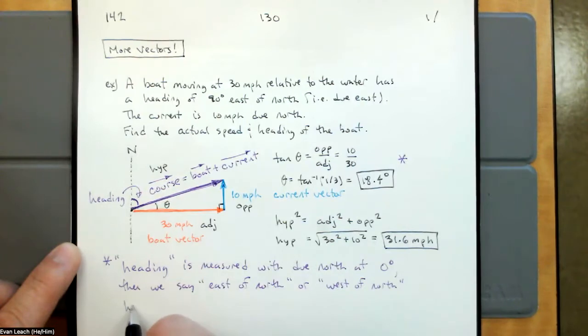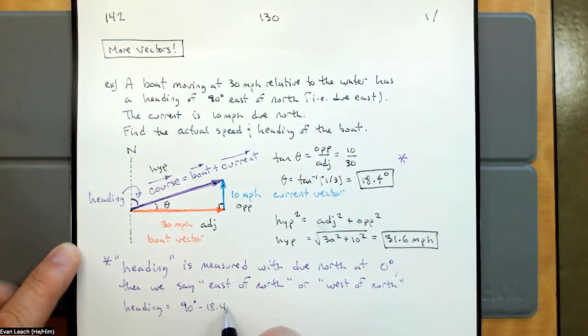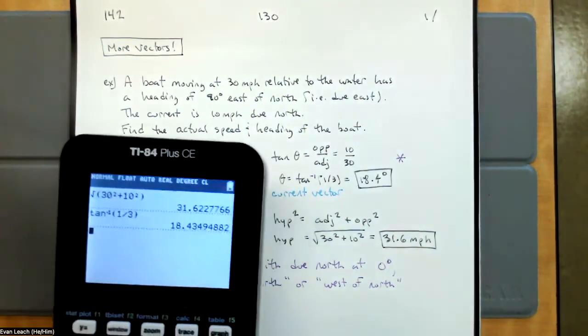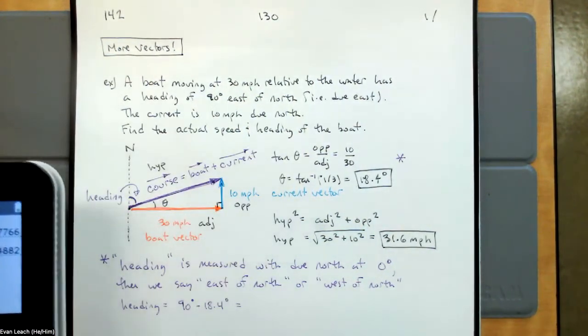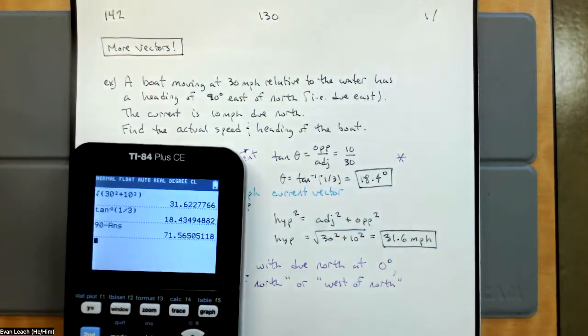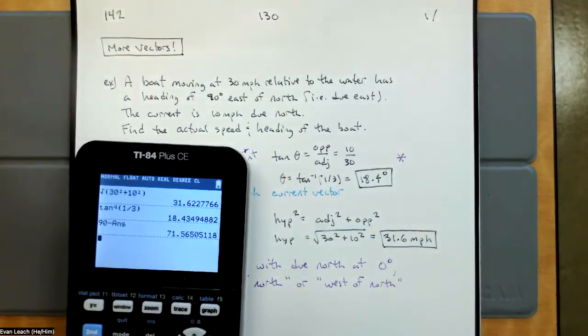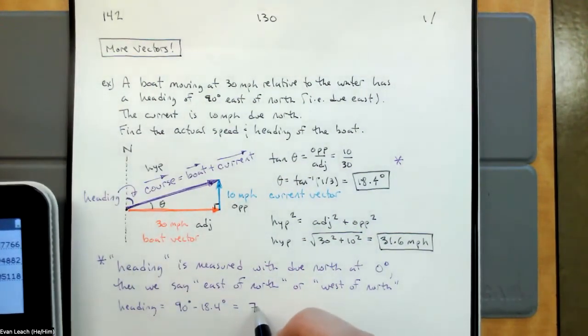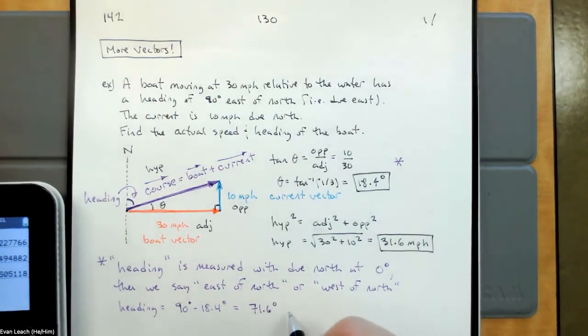So in this case, our heading would be 90 minus 18.4, or 71.6 degrees east of north.